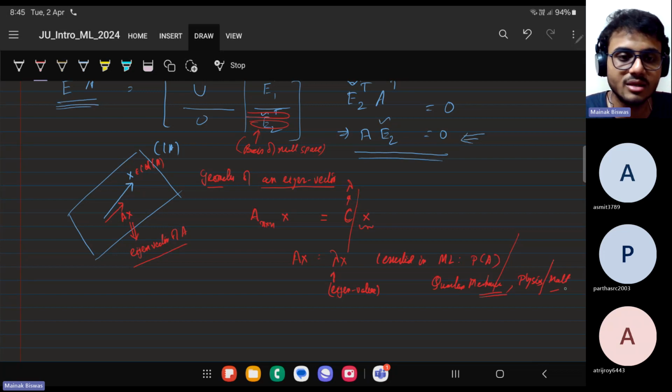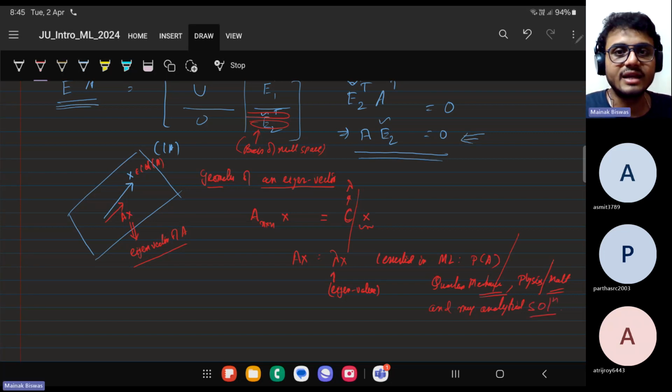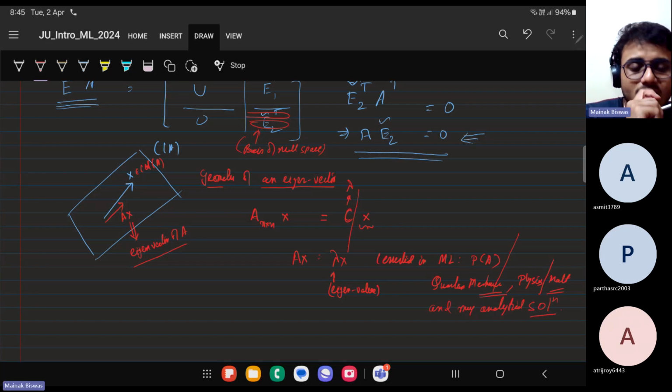And many analytical solutions. So people always try to find the eigenfunctions, eigenvectors, eigenvalues. Why do they want to find them? Because this makes our life simple. Throughout the rest of the class today, we'll see how it makes our life simple. But do you have any broad intuition why it makes our life simple? How does it even help us?